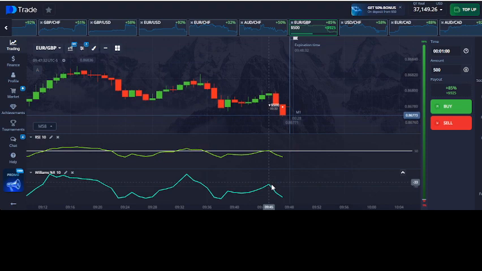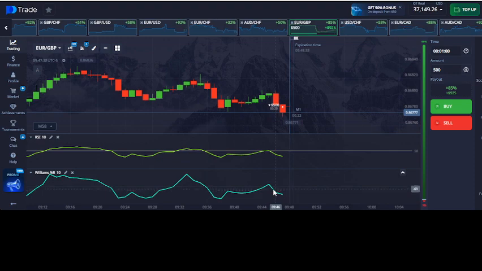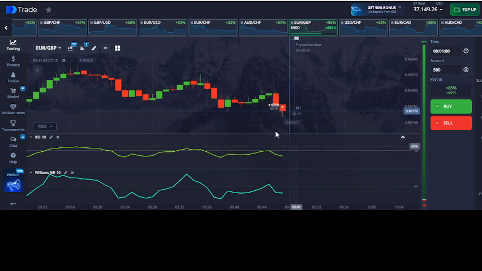Secondly, the Williams percent R line also crossed below the 50 line here in a downward direction. So these confirmations suggest a bearish trend here to the downside over the next 60 seconds in the price of the currency pair. So let's monitor this trade and wait for the expiration.